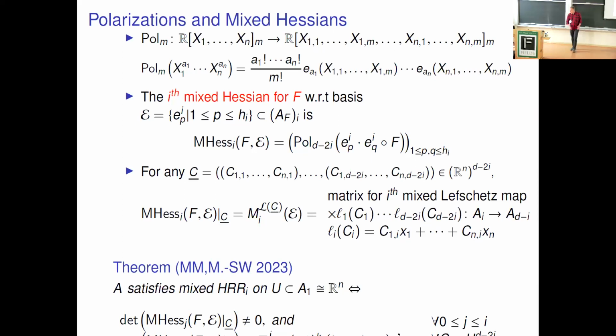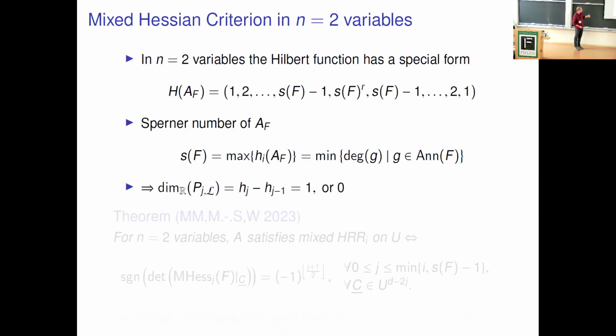Okay, so from now on, I guess I'm perfectly timed here. Now I want to focus on the two variable case because things get much simpler. And the biggest simplification that happens, let me just flash this up. So the Hilbert function of an algebra in two variables, an Artinian-Gorenstein algebra, has a really nice form.